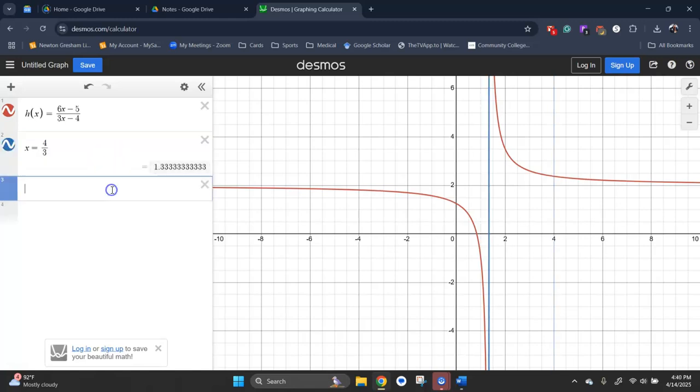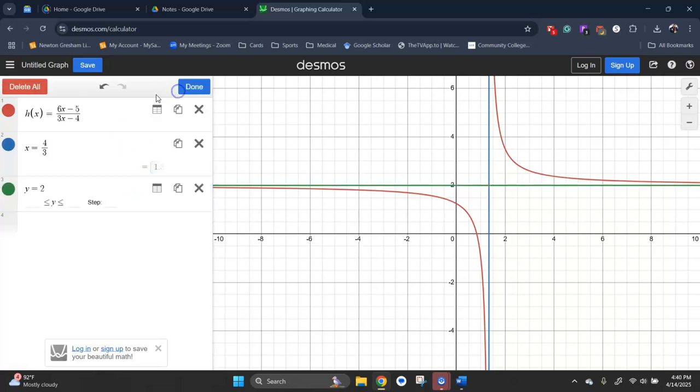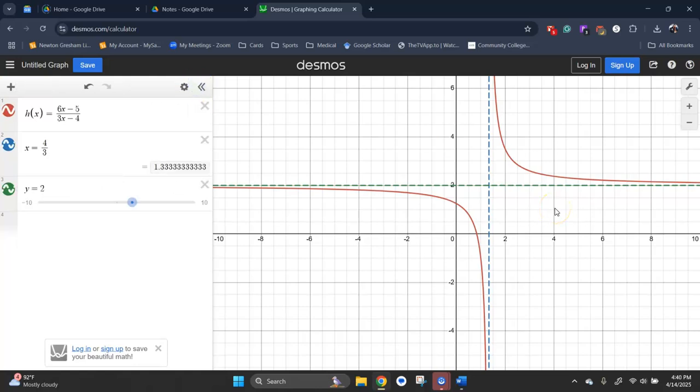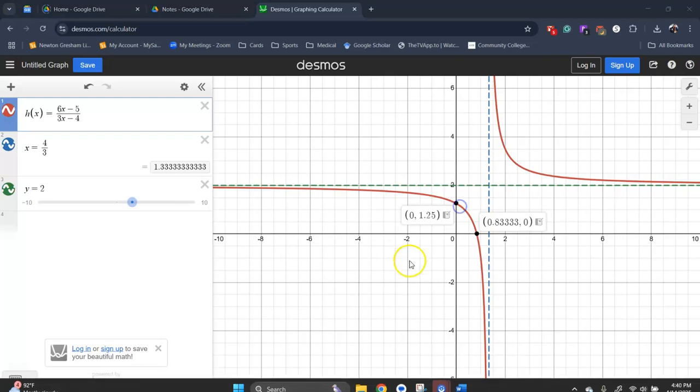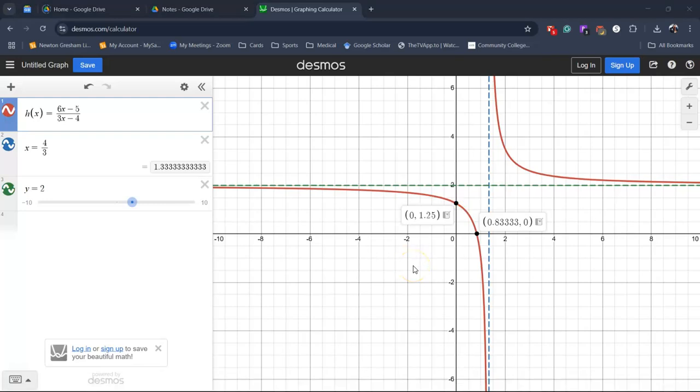And we can put in y equals 2. And if we want to change those and see that they are actually dashed, so there's each one of those. You don't have to do that, but that just helps us visualize a little bit more of exactly what we're going to put into our graph. We see that we have a horizontal intercept at 0.833, comma 0, and then 0 comma 1.25.